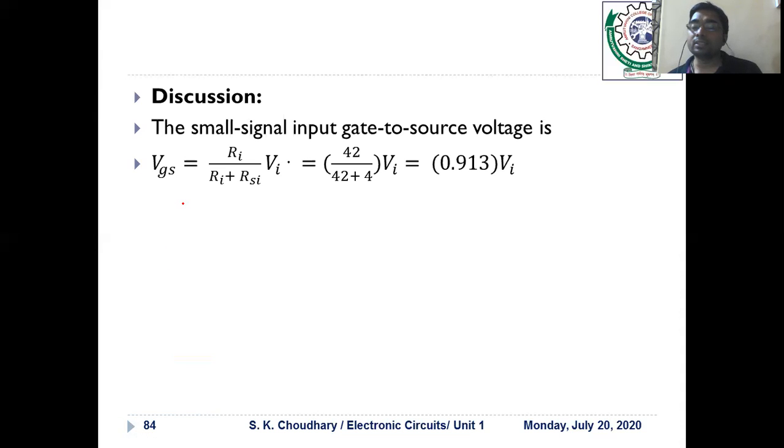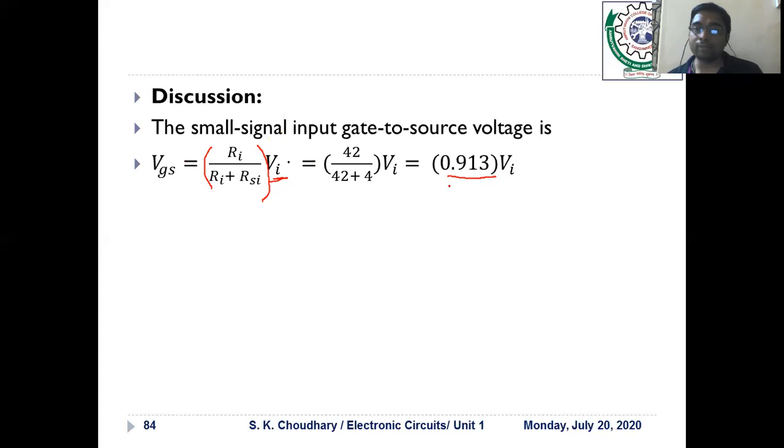This VGS is equal to Ri upon Ri plus RSI into Vi. Vi is the voltage produced by the signal generator. So it would actually be 0.913 times Vi.